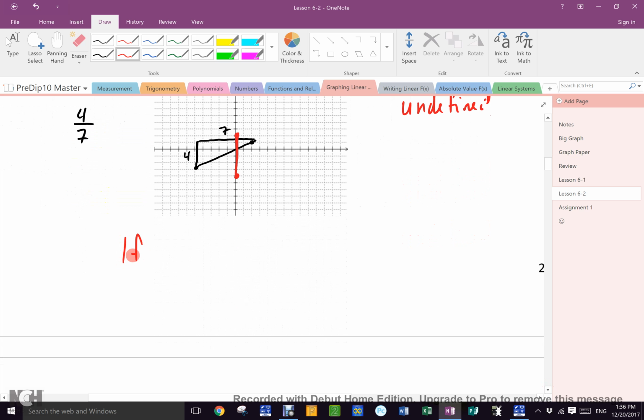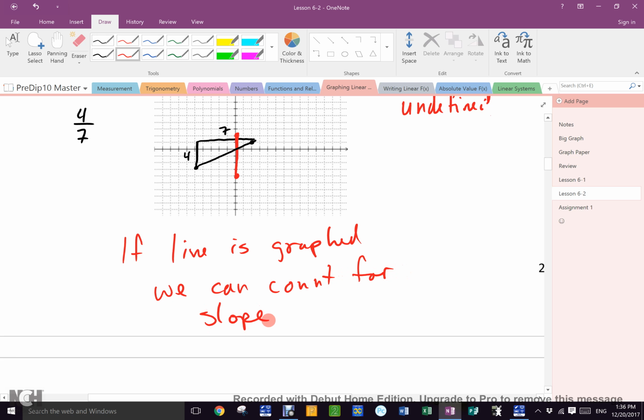So, if a line is graphed, we can count for slope. How do we count for slope? Rise, positive or negative, over run, positive or negative. Everybody good?